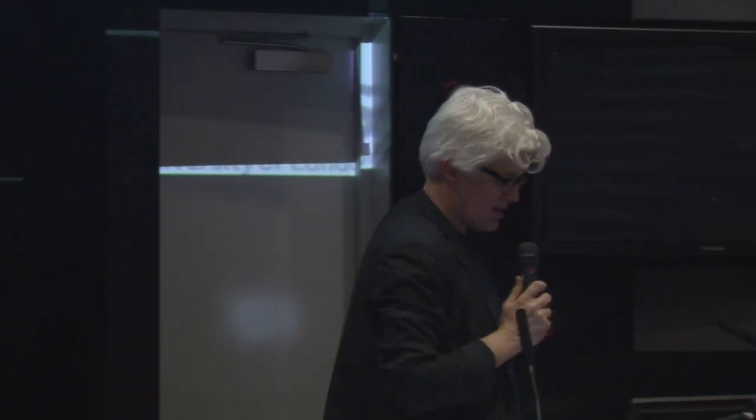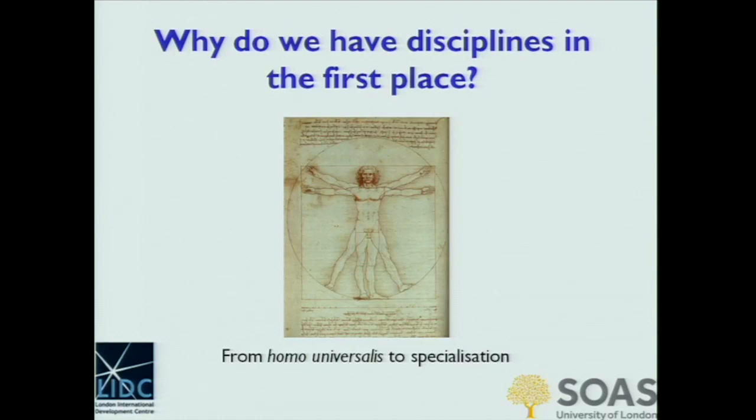If we talk interdisciplinarity, it is perhaps useful to ask the question, why do we have disciplines in the first place? They haven't always been there. Till about 1700, there were only 7. I forgot them, but one of them was rhetoric.